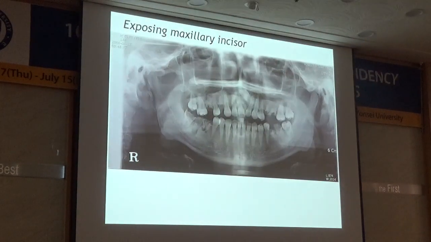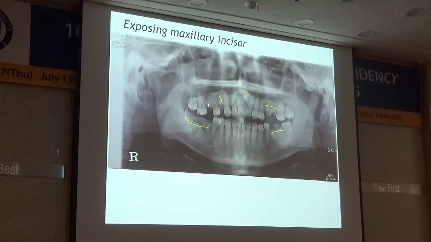This is another case of the central incisor. There are many problems, not only this. There are root remnants here, here, here, and here, right?